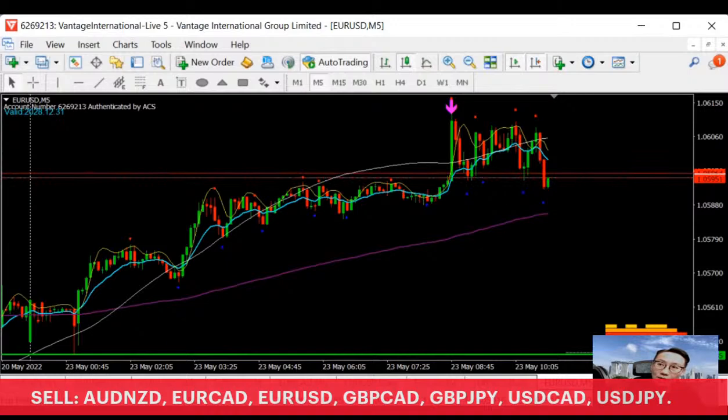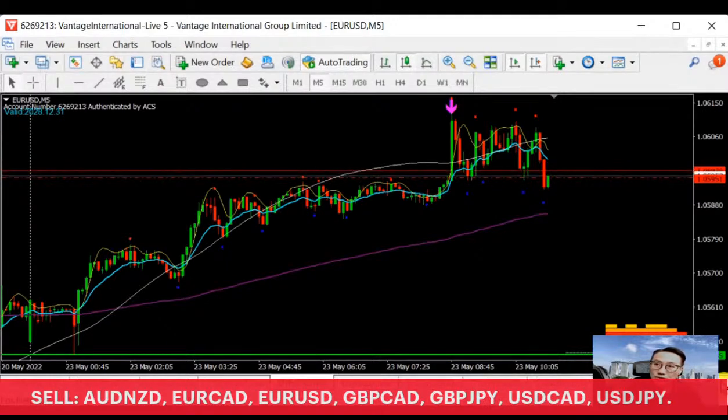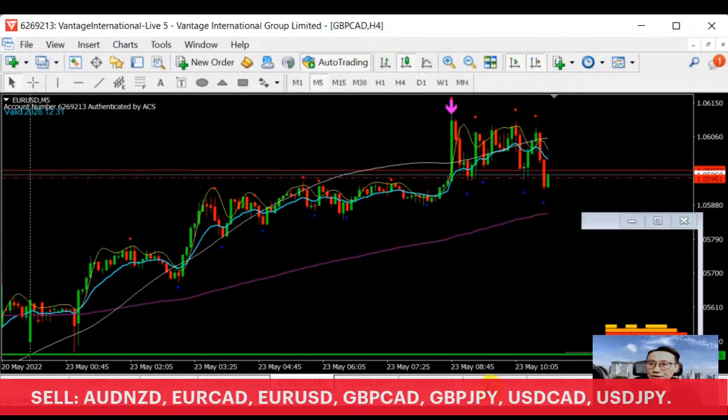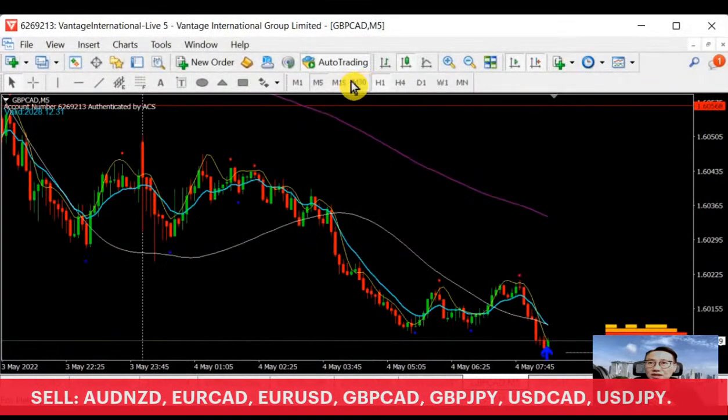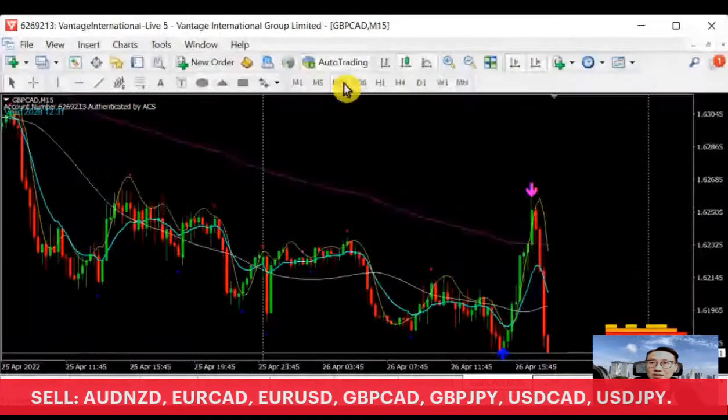So how about pound CAD? As you can see, now it's retracing upwards. That's very, very good. So just pay attention to euro dollar. Pound CAD is actually doing well. For the lower side, what we are looking at is selling.